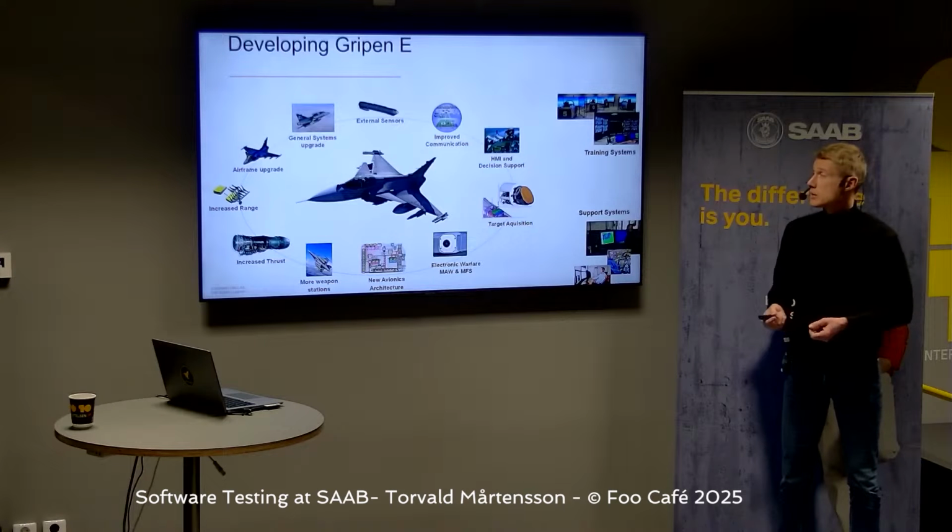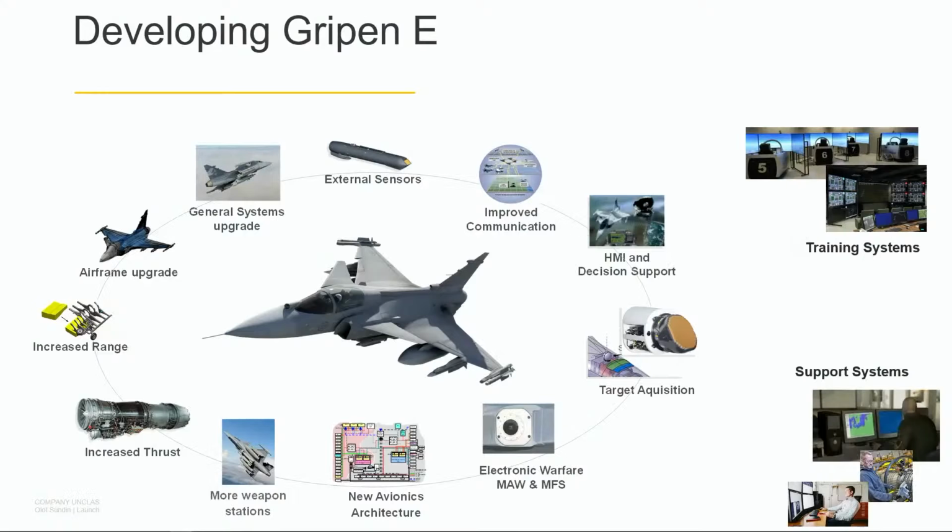And the answer is that if you look inside the aircraft, everything is either new or heavily modified compared to the previous versions of the aircraft. So for example, the fuel system is based on the system in Gripen C and D, but it's heavily modified to this new version, etc.